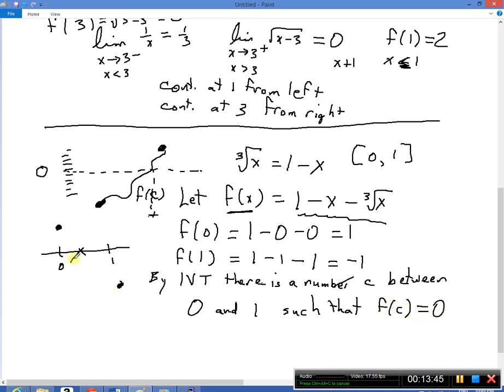There's got to be a place between this x value and this x value where the function crosses 0. I don't know where that is, but it's guaranteed by the intermediate value theorem.